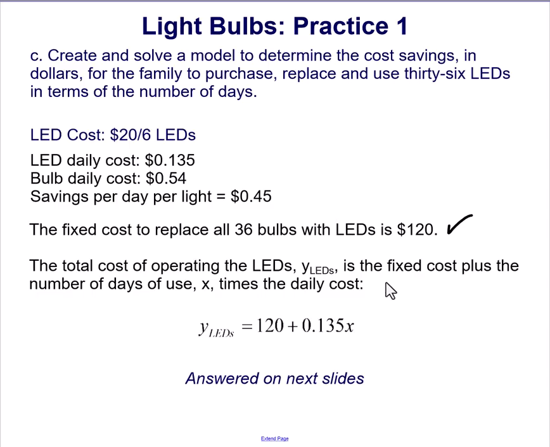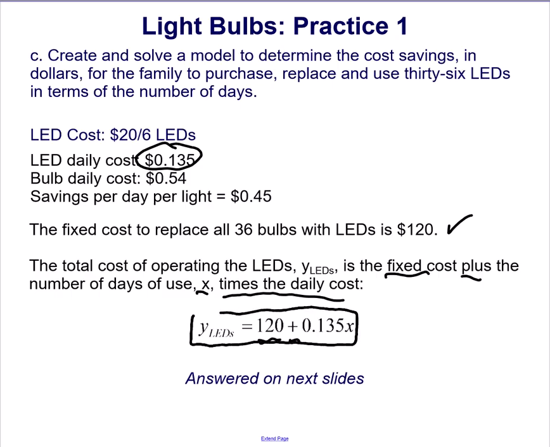So the fixed cost right here is $120 plus, there's my plus sign, the number of days X times the daily cost. Okay, and the daily cost for LEDs is up here, 0.135. So our final equation is going to be Y with a subscript of LEDs is equal to $120 plus 0.135x.